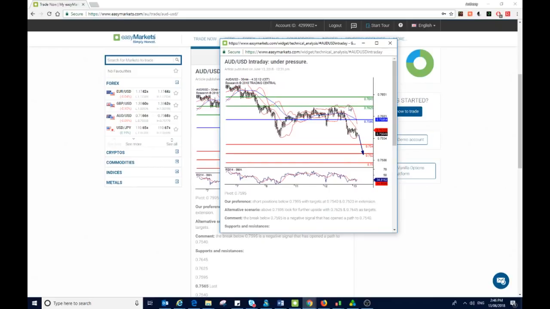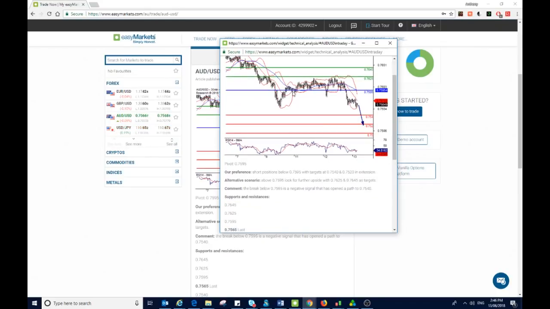Now these green lines are known as resistance, and these red lines are known as support, and this is the pivot line from which the market turns from bearish to bullish. So while we're underneath 75.95, their preference is to be short. Short positions below 75.95, targeting 75.40, 75.20.